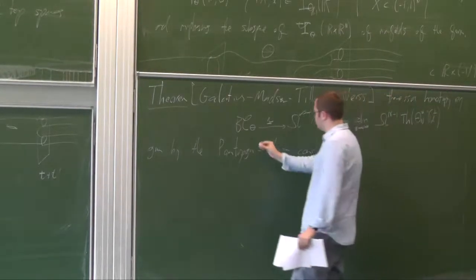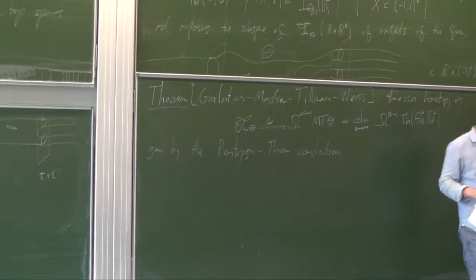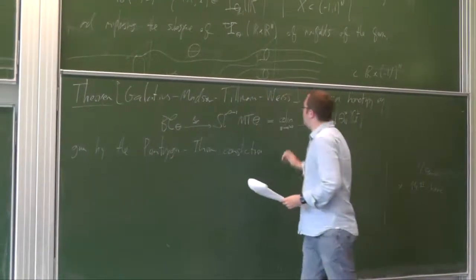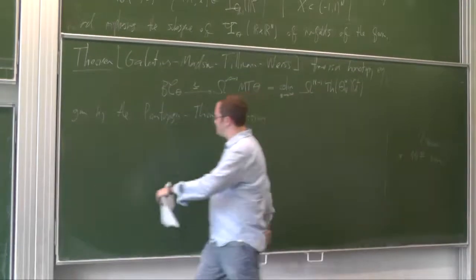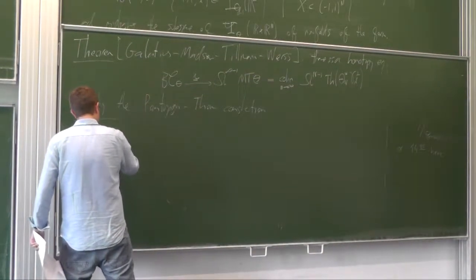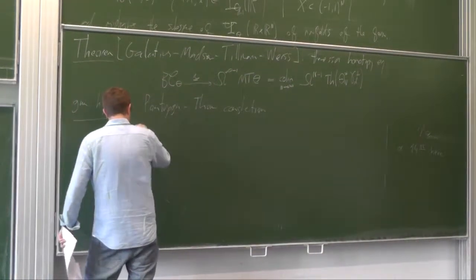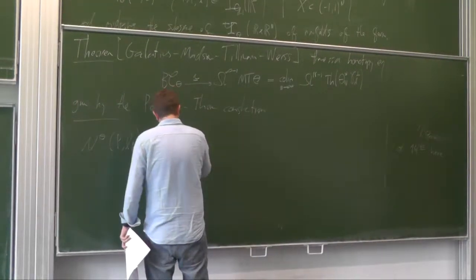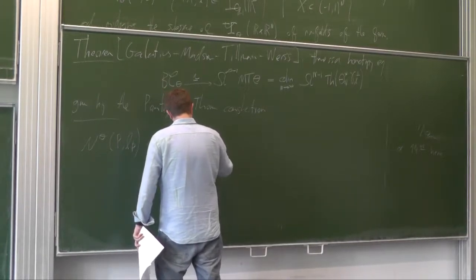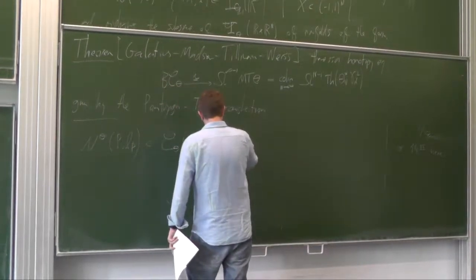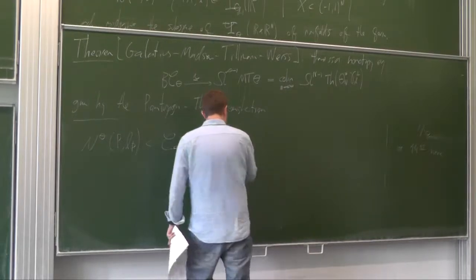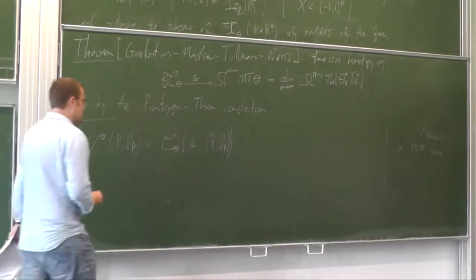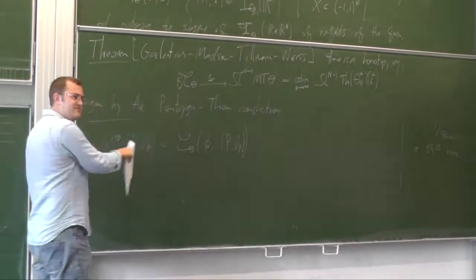The map is given by the Pontryagin-Thom construction, and the fact that it's an equivalence doesn't just immediately follow from that. I just want to point out one thing about this. The spaces I talked about last time, the space of cobordisms of P with some structure, what is that? This is just some subspace of the morphisms between theta and P in my category. That's not literally true because these things didn't have a length.